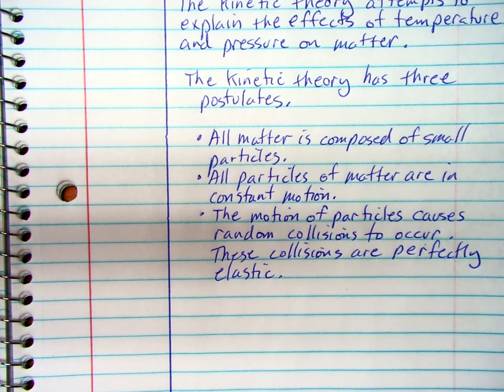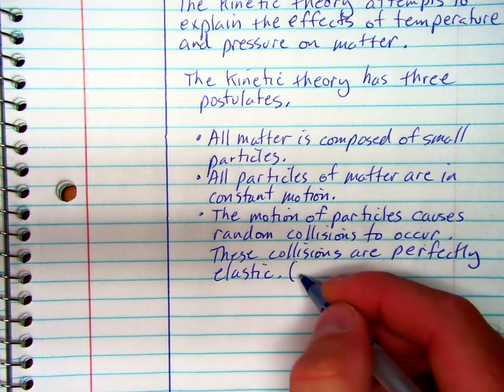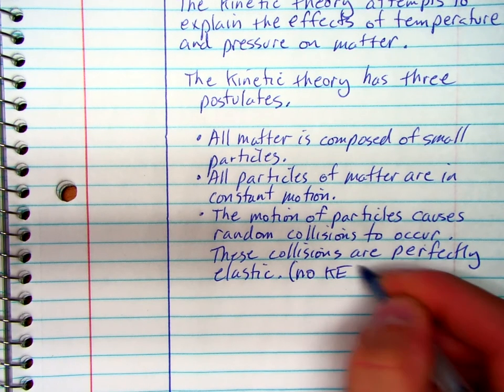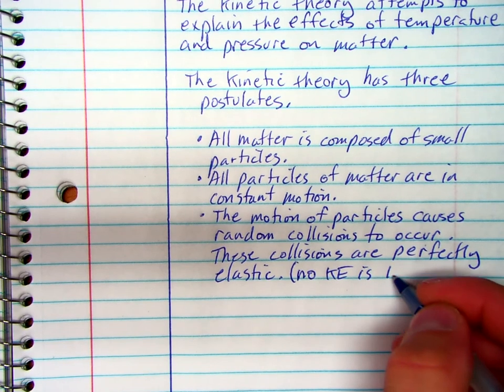Okay, now we just studied elastic collisions when we were studying momentum. And one of the things that you found was that in a perfectly elastic collision, there is no loss in kinetic energy. The kinetic energy before the collision of all the particles equals the kinetic energy after the collision of all the particles. And so we can say no kinetic energy is lost.